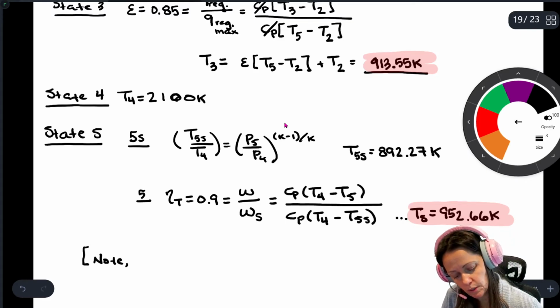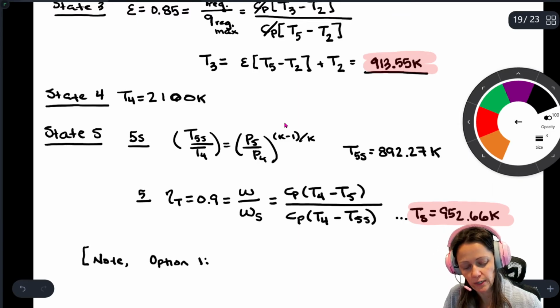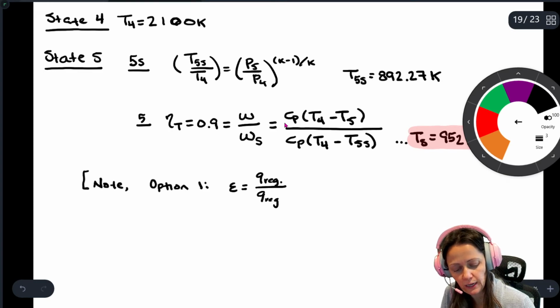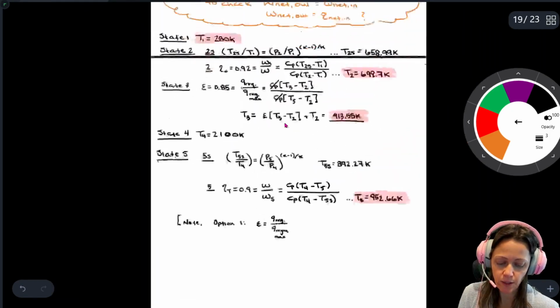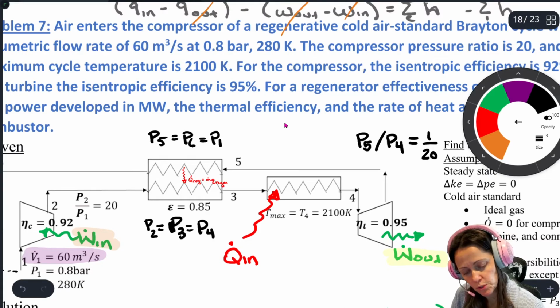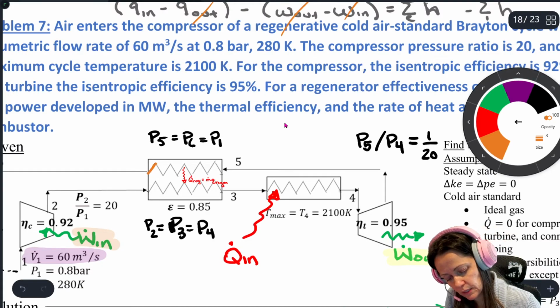So if you wanted to get T6, you've got two options. You could use that regenerator effectiveness equation. So it's still Q regen over Q regen max, except you're defining it not with that bottom squiggly arrow, but the top squiggly, this guy.